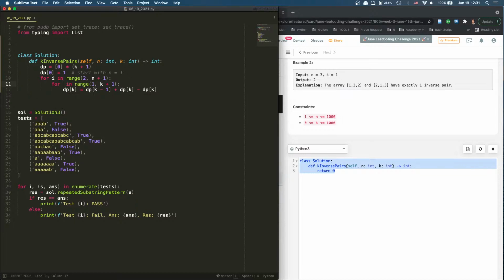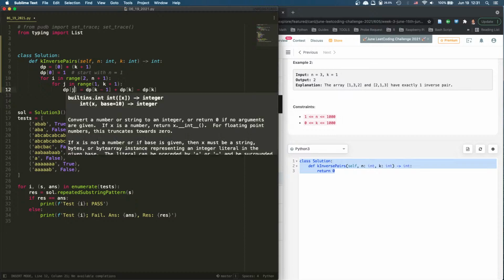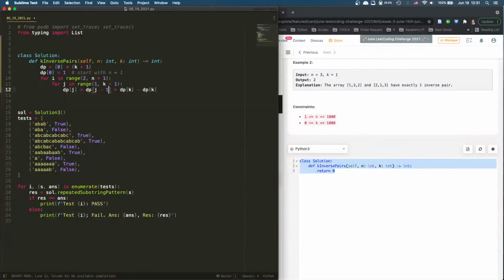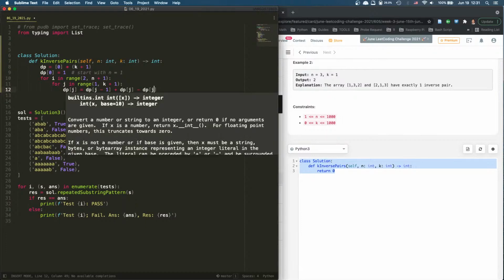It's going to be j. This one is j. This one is j. This one's j. So it's going to be dp j minus k. Right? No. Minus n. Minus n.